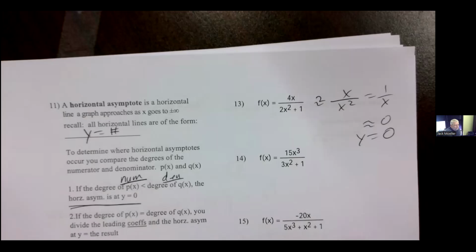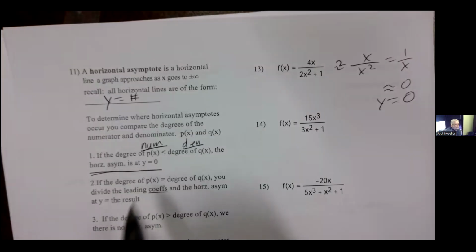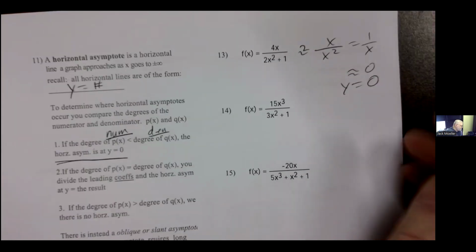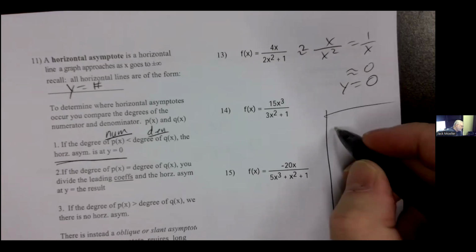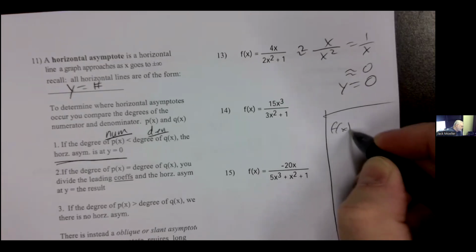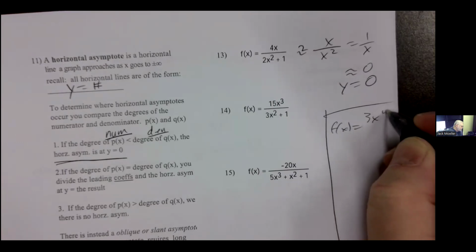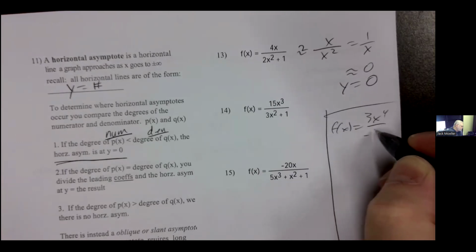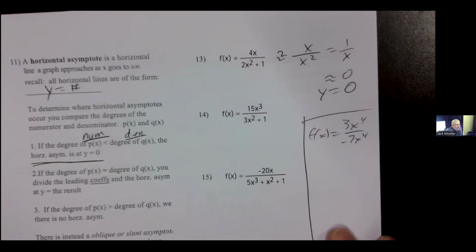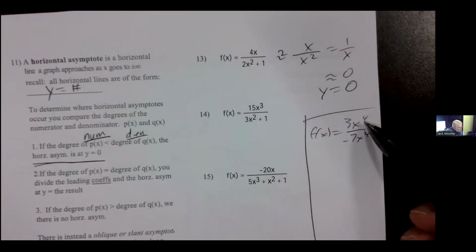That's case 1. If the degrees are equal, so if it's degree 1 over 1, 2 over 2, 3 over 3, then we divide the leading coefficients, and the horizontal asymptote is at y equals that number. For example, if I gave you f of x equals 3x to the 4th over negative 7x to the 4th, if you ignore the numbers, x to the 4th divided by x to the 4th is just 1.